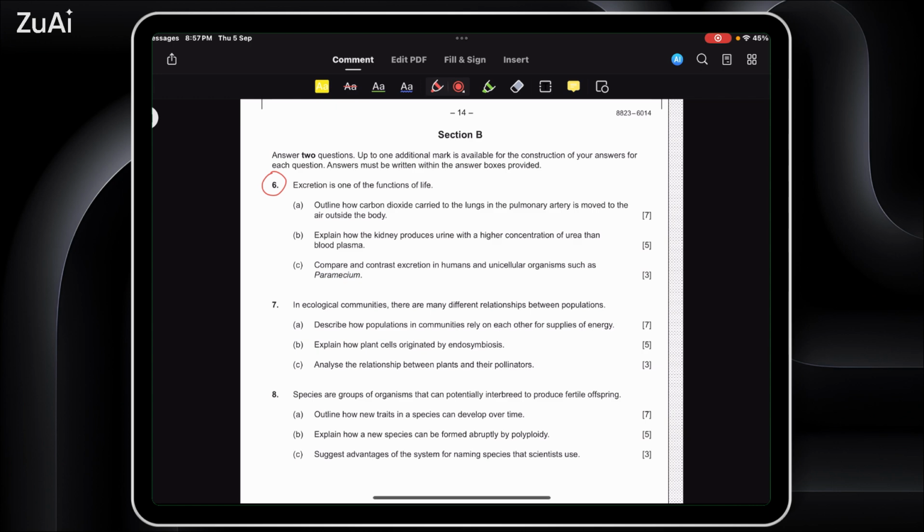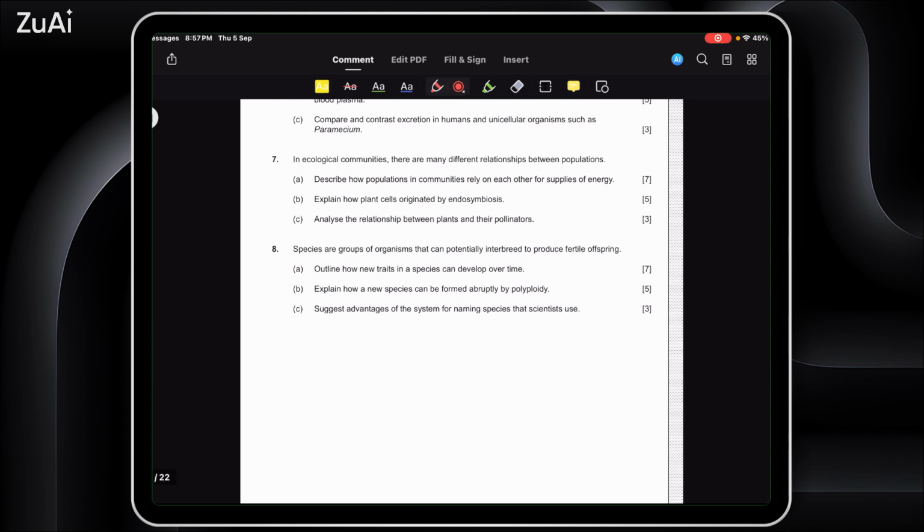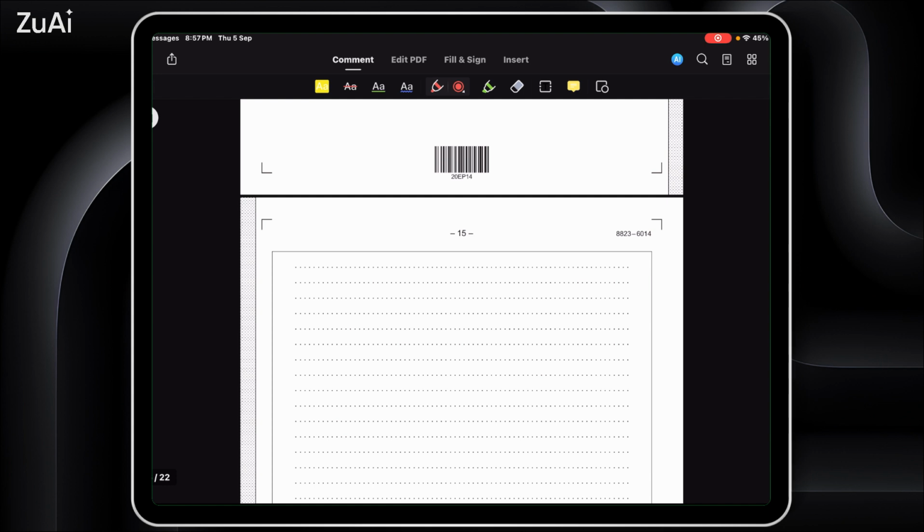So excretion is one of the functions of life. Outline how carbon dioxide carried out to lungs in the pulmonary artery is moved to air out of the body. Yes, easy question. So 6A.